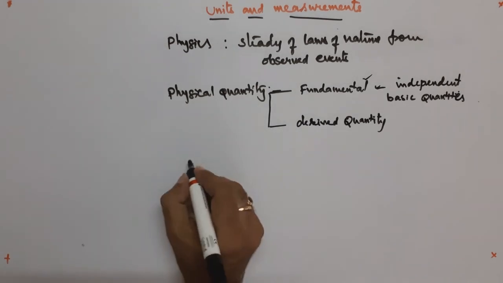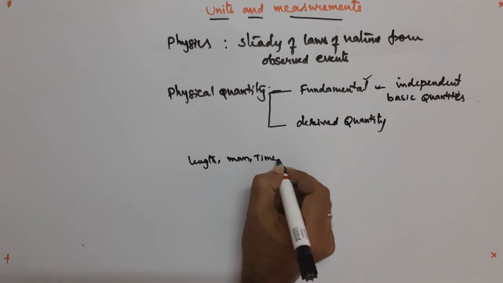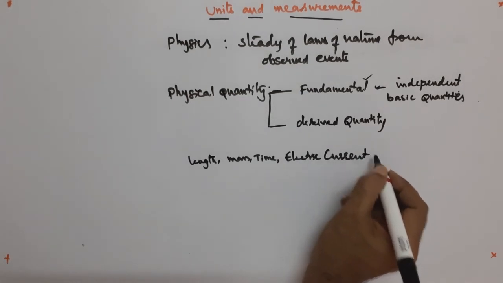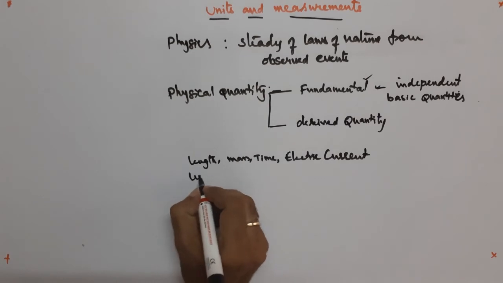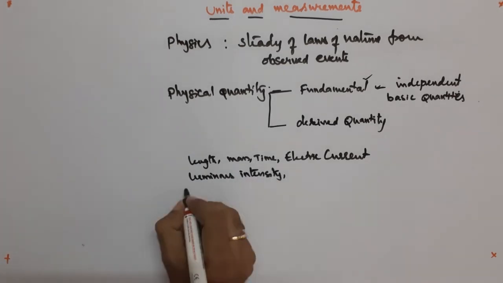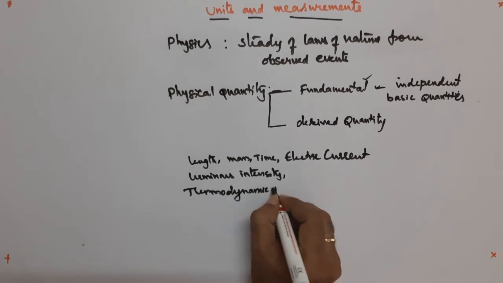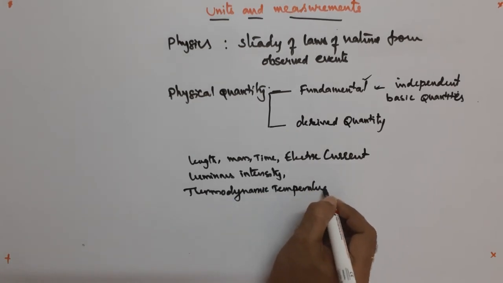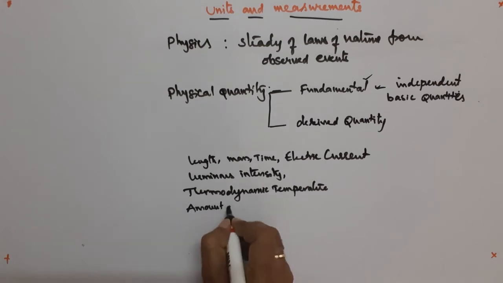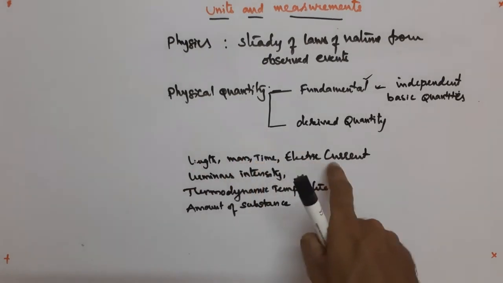They are length, mass, time, electric current, luminous intensity, thermodynamic temperature, amount of substance. These are the fundamental quantities. 1, 2, 3, 4, 5, 6, 7.